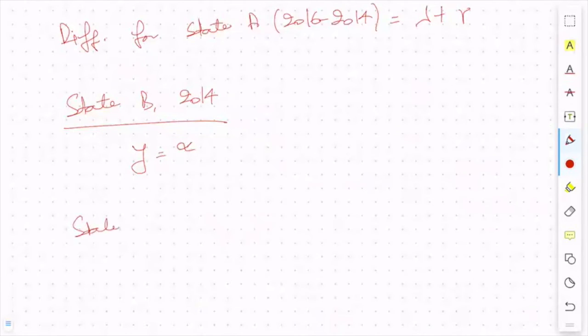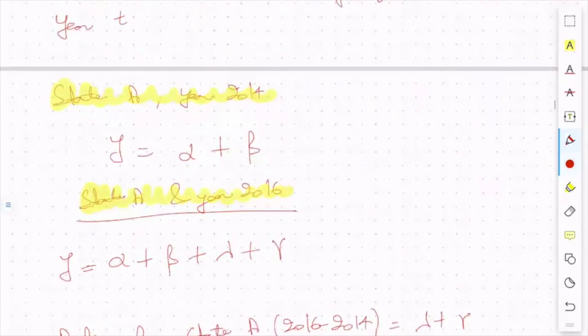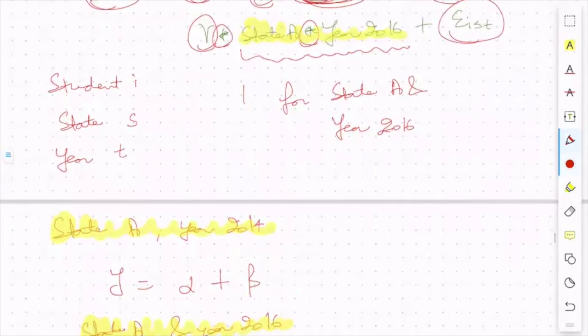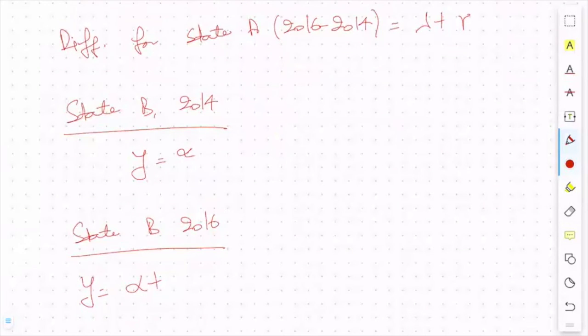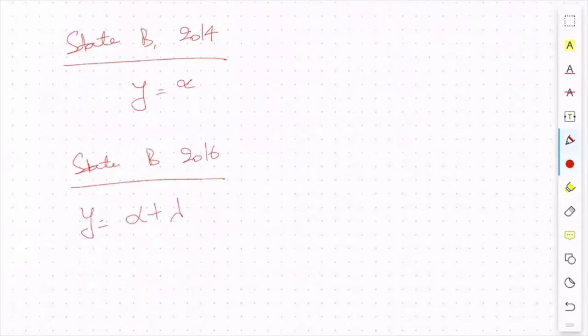And state B 2016 will have alpha. Let's see. This variable is equal to 0 because we're talking about state B, but this variable is equal to 1 because we're talking about year 2016. So we'll have lambda, but we won't have gamma either because the interaction will be 0 because we're talking about state B here. So we'll just have alpha plus lambda.